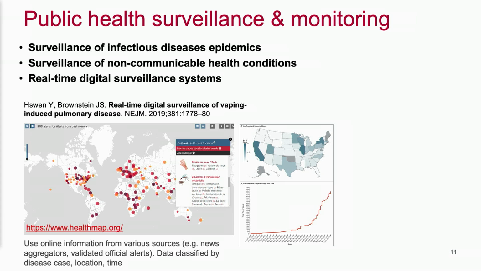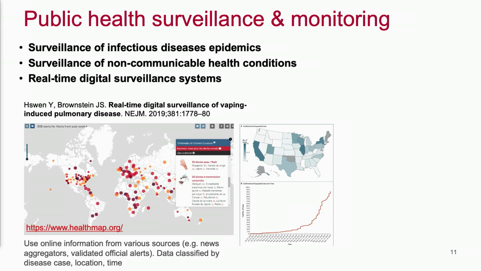The first is about real-time digital surveillance of vaping-induced pulmonary diseases, for example. So maybe you already know this HealthMap platform that was built based on a new kind of information, for example, that comes from news aggregators, but also using data from validated official alerts. The people that developed this platform use all this data classified by disease.